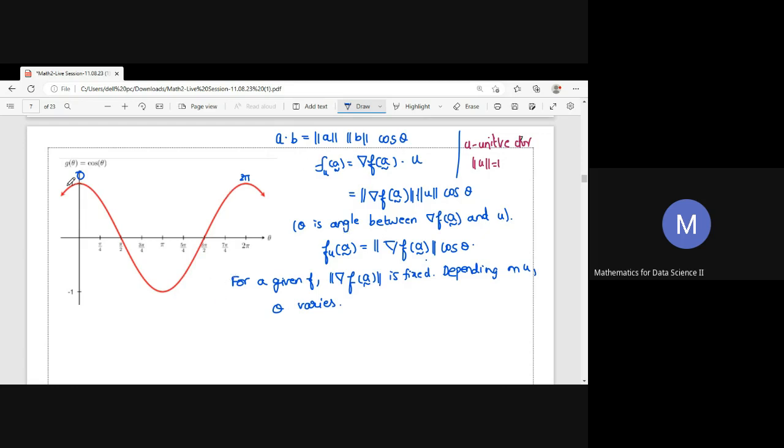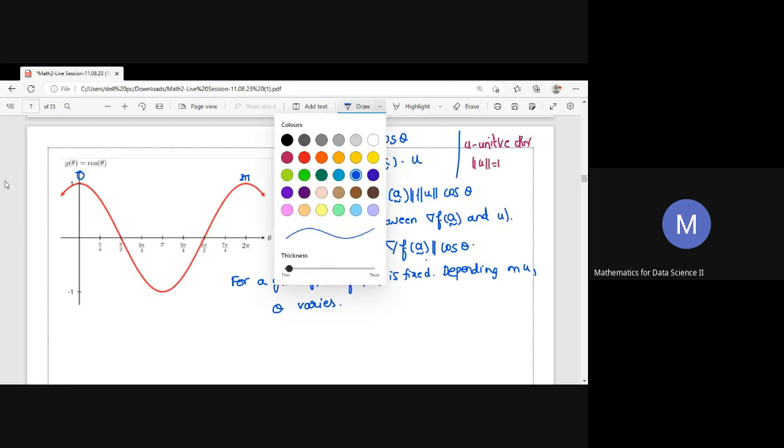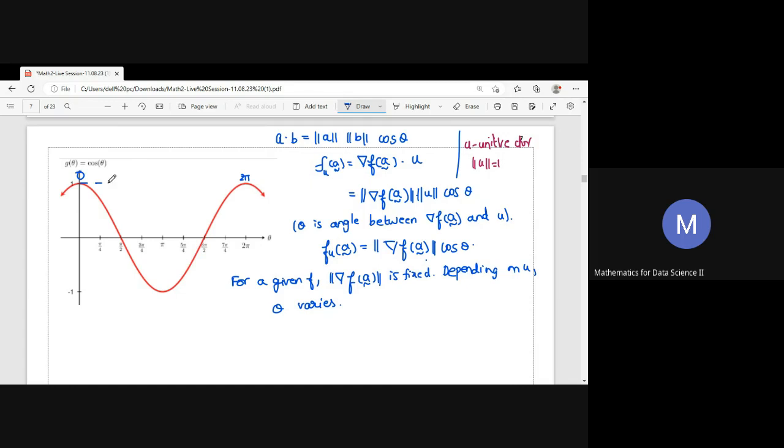So you see that the graph is completely between -1 and 1. All the values lie between 1 and -1. So tell me at which point you have the least value. What is the least value that the cos function is taking? -1, and it is at pi. So at pi, the value of the function is -1.